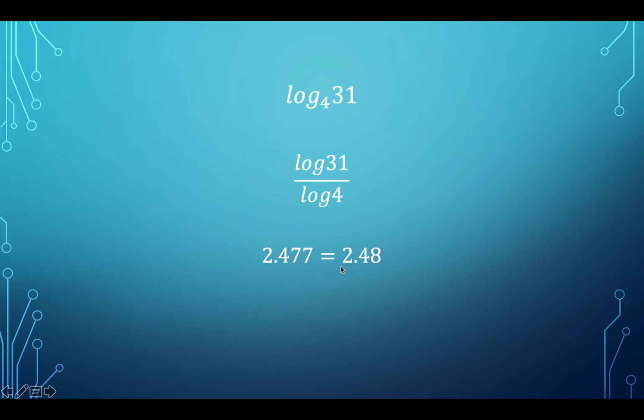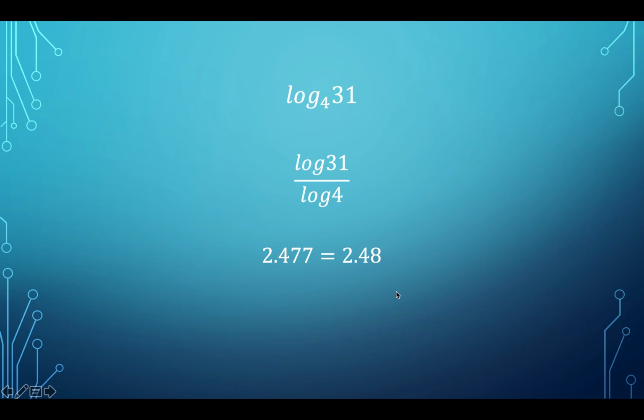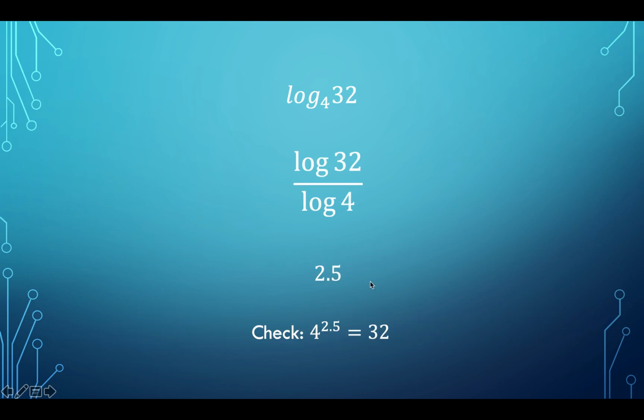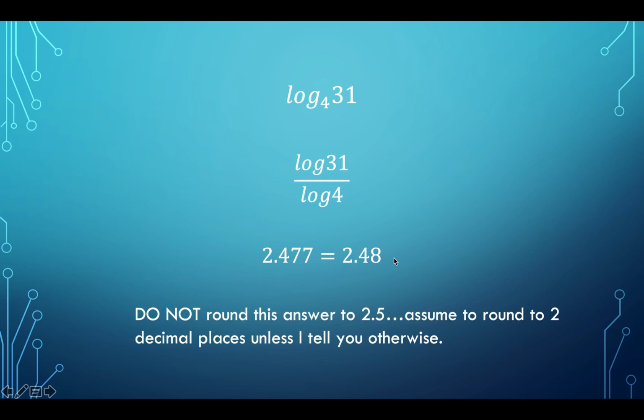We get 2.477. So I would always say, unless I tell you otherwise, round to 2 decimal places. So we're going to round this to 2.48. The reason you're not going to round this to 2.5 is because 4 to the 2.5 gave us 32. We're looking for the answer to be 31. So we need to leave it as 2.48.